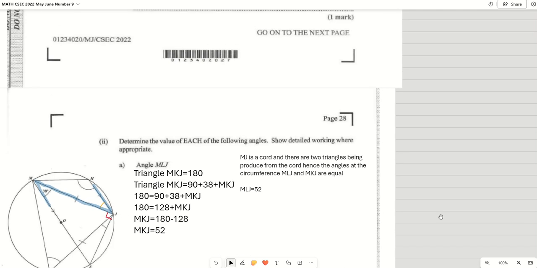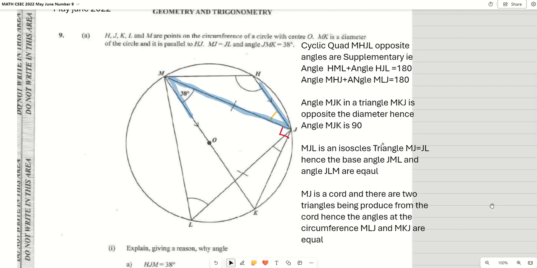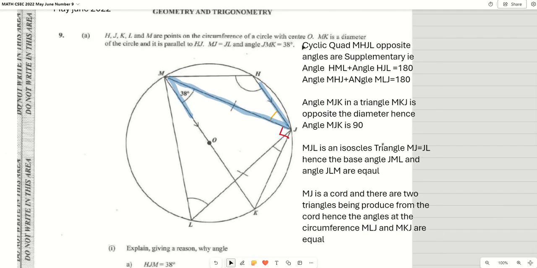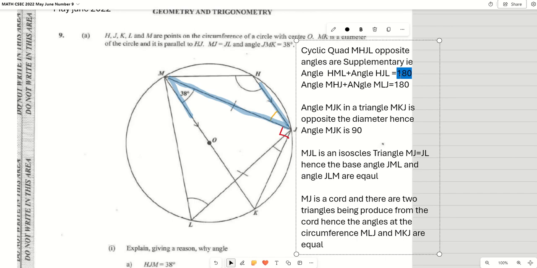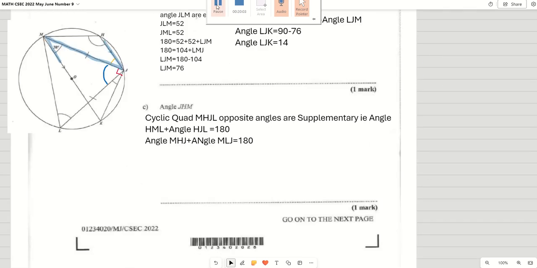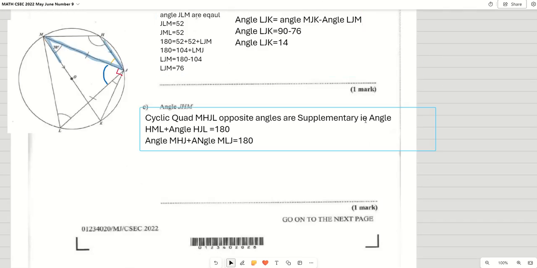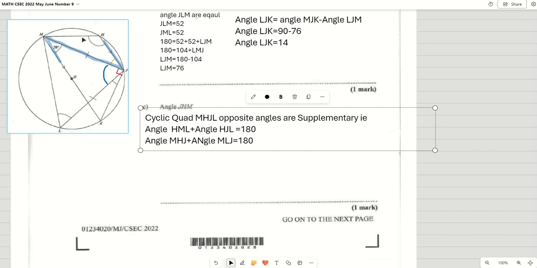So remember, we said in the beginning that cyclic opposites are supplementary. So we are going to use this that we have here. Let's see, do we have MHJ? We do. So we won't use this.